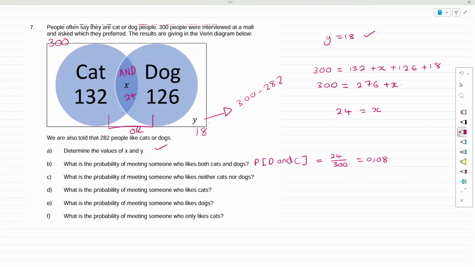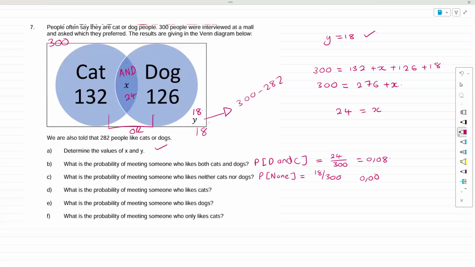All right, the probability of meeting somebody that doesn't like cats and dogs, none. This should be 18 over 300, and 18 divided by 300 is 0.06. We got the 18 from here, guys, because these are the people that don't like anything.